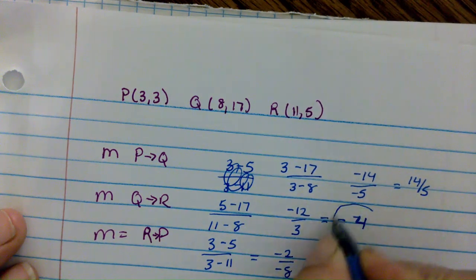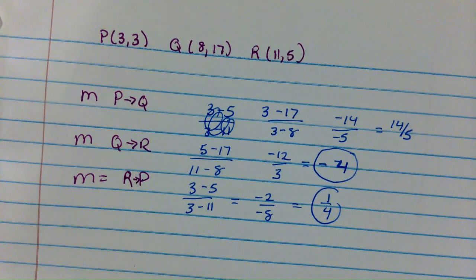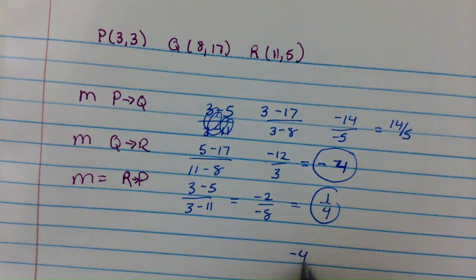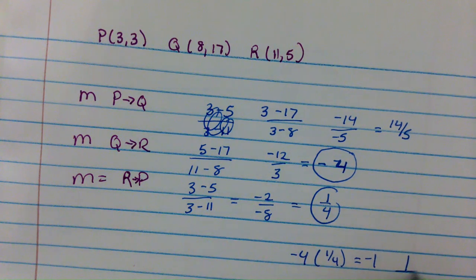And right here, we can see that if you were to multiply those together, you would get negative 1. So because negative 4 times positive 1/4 is negative 1, we have a perpendicular angle, which means we have a right angle, so yes, this would make a right triangle.